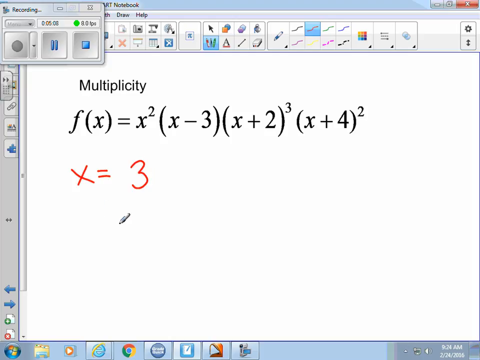Why do you think positive 3 is a 0? Good, but why? If I put 3 in here, doesn't this make this whole thing 0? 3 minus 3 is 0. 0 times anything is 0. So it makes the y value 0.